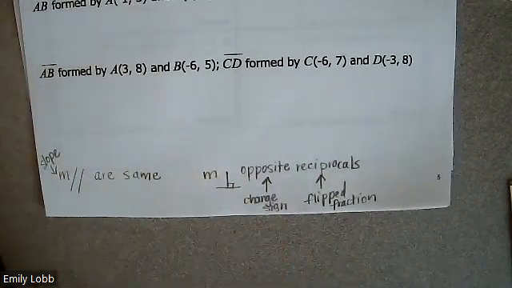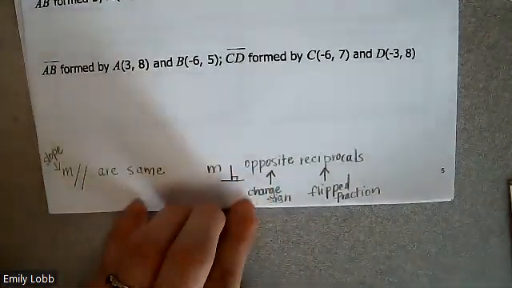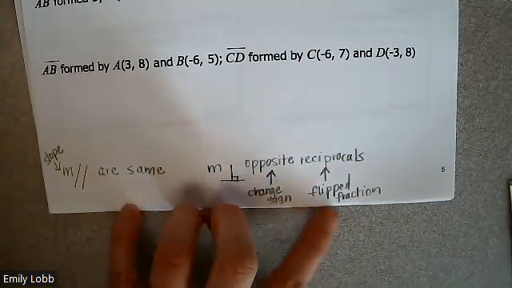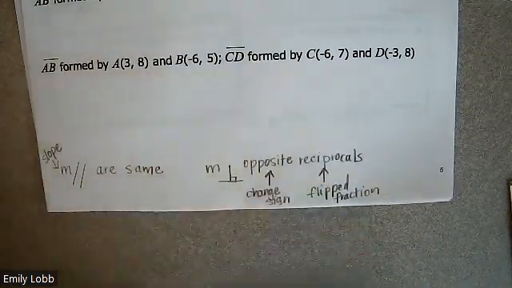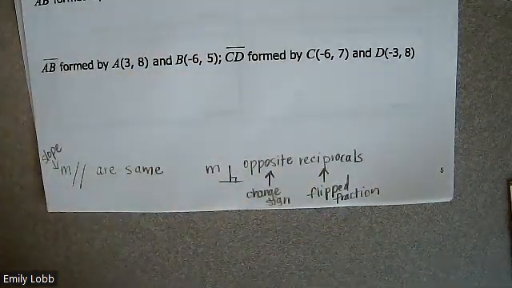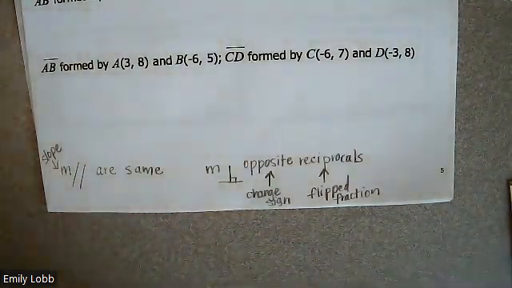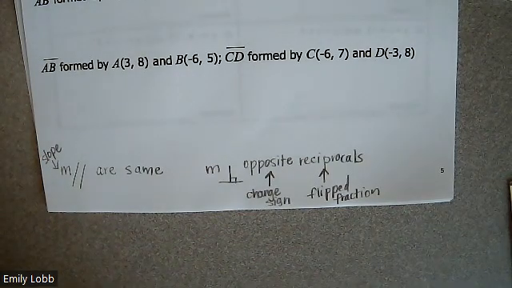If we have a different sign, so one's positive and one's negative, and one's a flipped fraction of the other, like 2 and 1/2, or 5 and 1/5, or 5/3 and 3/5, then those lines are perpendicular.